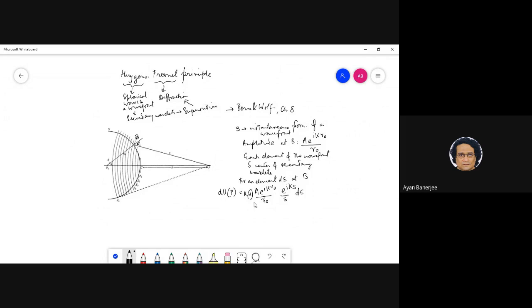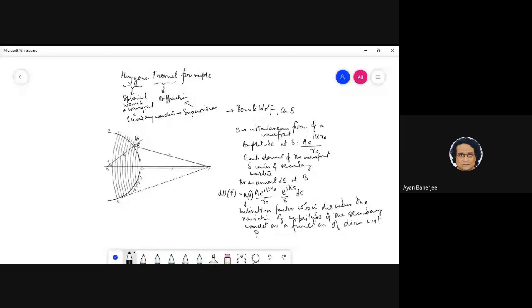Okay, so let me just write this down. Essentially this is an inclination factor which describes the variation of amplitude of the secondary wavelet as a function of direction with respect to p.